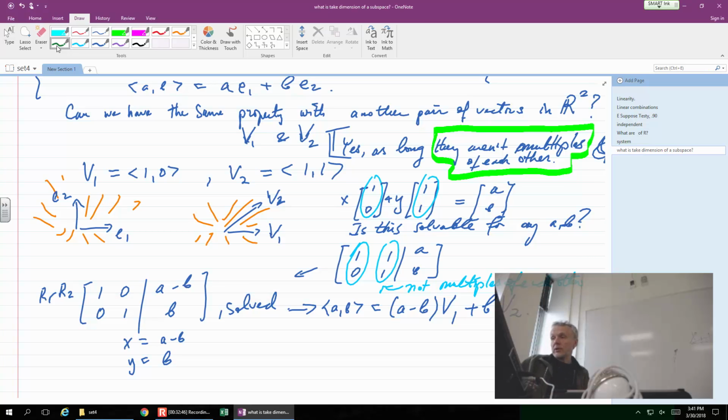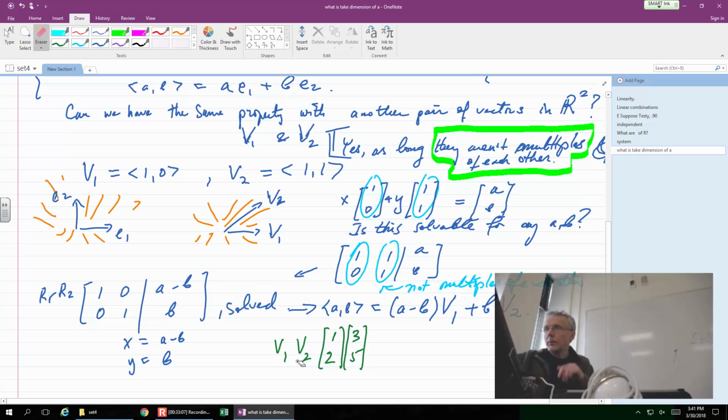So for example, I could have (1, 2) and (3, 5). These could be my two vectors, and once again, they can serve the same role as E1 and E2.